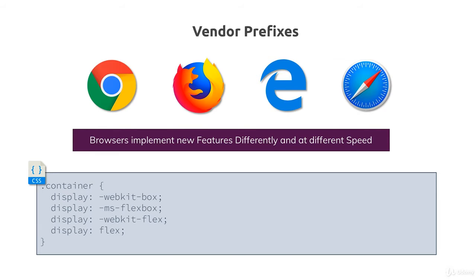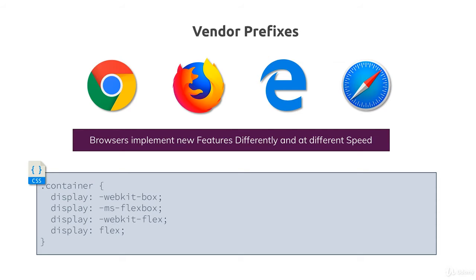Here are some examples. Now, the interesting thing here is these are special values which only work in some browsers. For example, WebKit works in older versions of Safari, WebKit Flex in newer versions, MS Flexbox in Internet Explorer and Edge. So these values are not understood by other browsers, but they don't need to understand it because they either already implement the flex value or their own prefixed version.